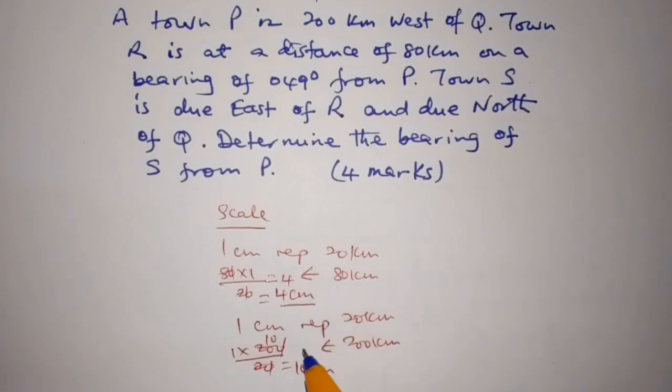We cross multiply: 200 times 1 over 20, which gives us 10 centimeters. So 10 centimeters represents 200 kilometers.